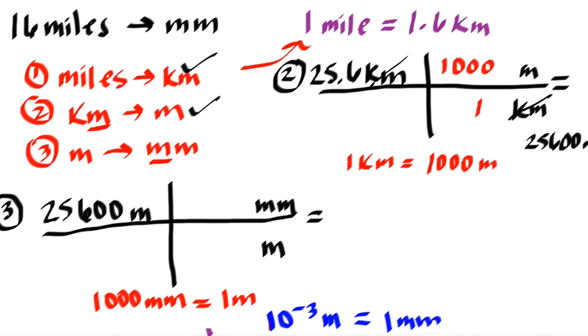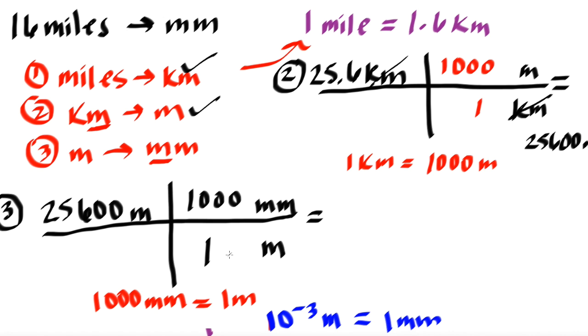Really it's up to you. I'm going to use the red. So 1 meter is the largest, so 1's going to go here, and then 1,000. If you were using the blue, you would put 10 to the negative 3 on the bottom, and then 1 on the top. It's still going to give you the same answer.